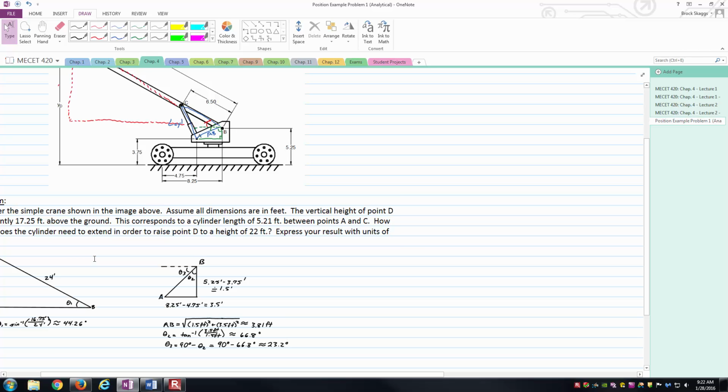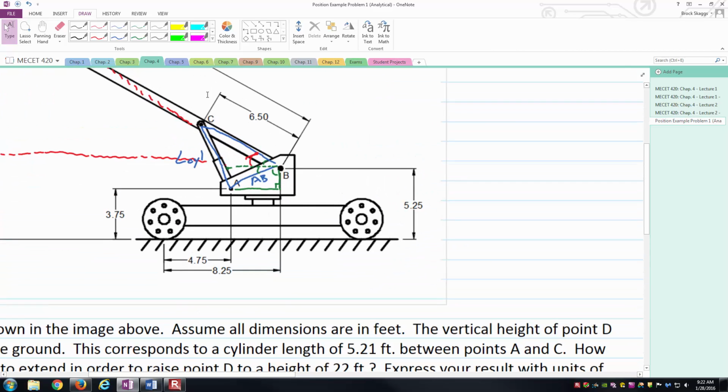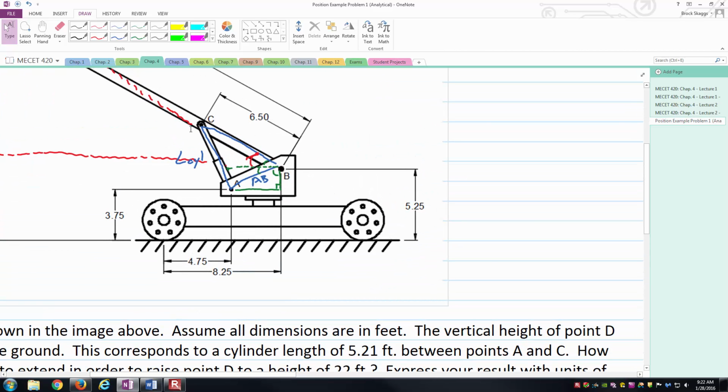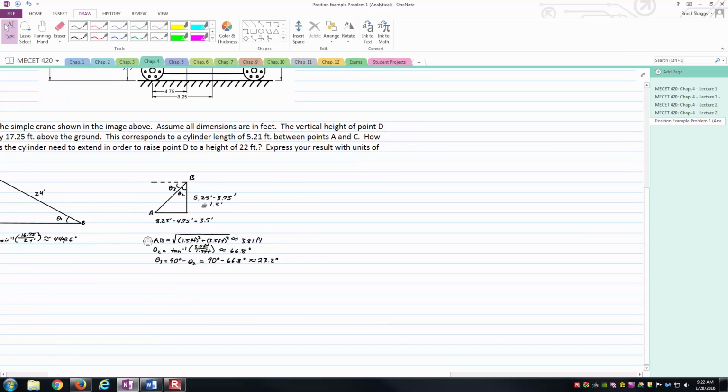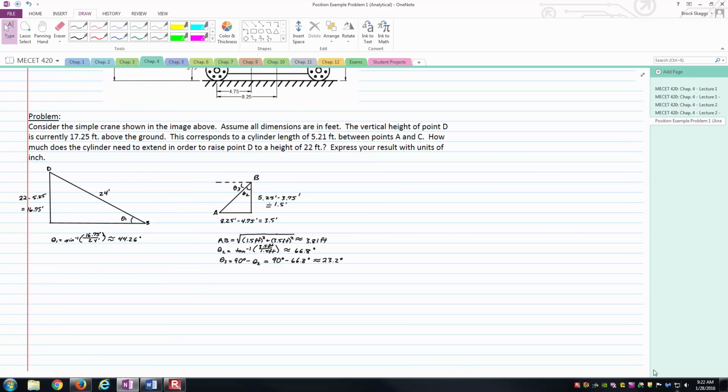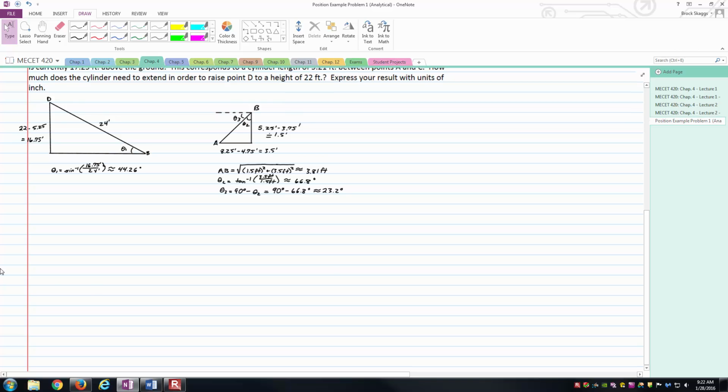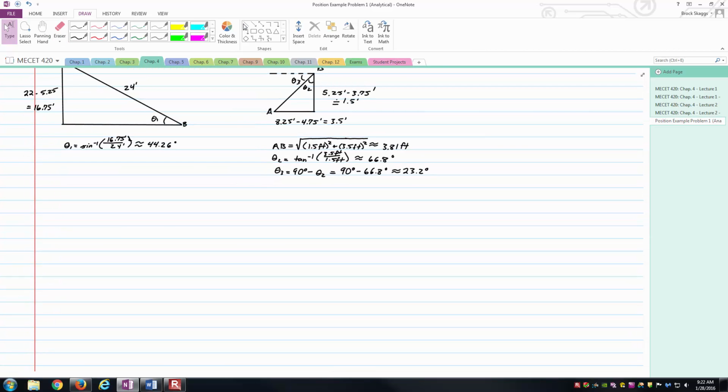And so now really to the kicker is this triangle ABC, because we know we're after the length of the cylinder at that extended state. And so again, I'll just draw a simple triangle down here. Notice both the triangles we've drawn at this point are both right triangles. I've had a 90-degree angle in there. This one's most likely not going to have that.